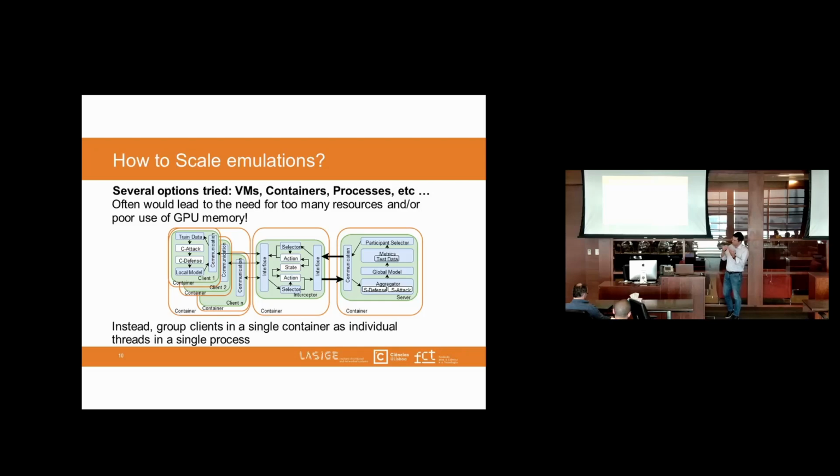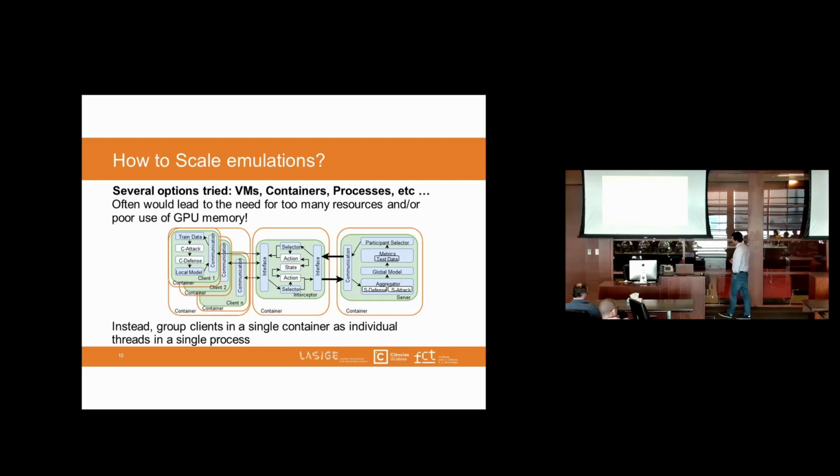Because, for instance, even if you use different processes for each one of the clients, it means that each client will have a PyTorch, for instance, and this PyTorch has a static amount of space that it occupies in your GPU, and therefore if you have 1,000 processes, you multiply that space by 1,000 and you have your GPU full, okay? And then you don't have space to do computation, okay? So there is a problem here, okay?